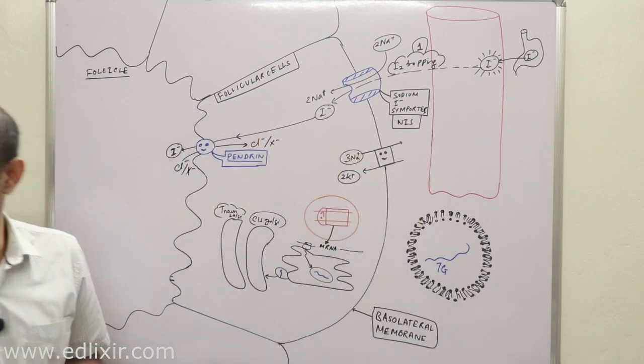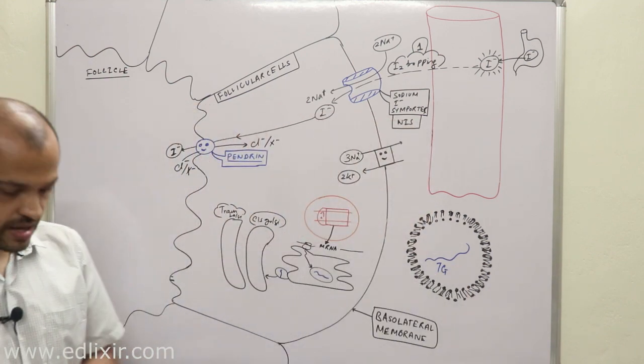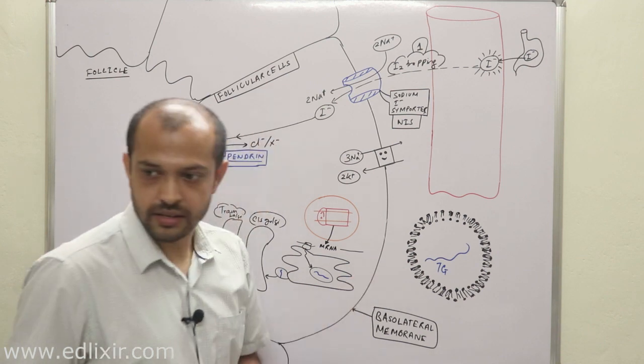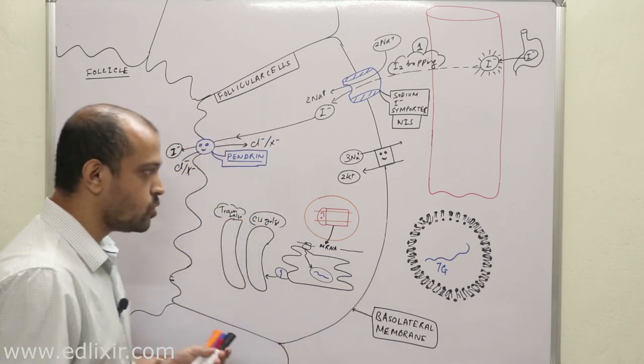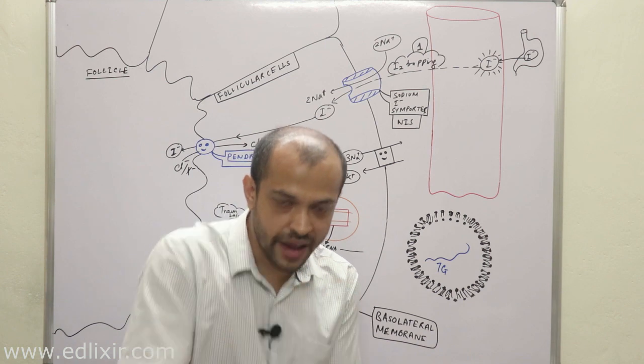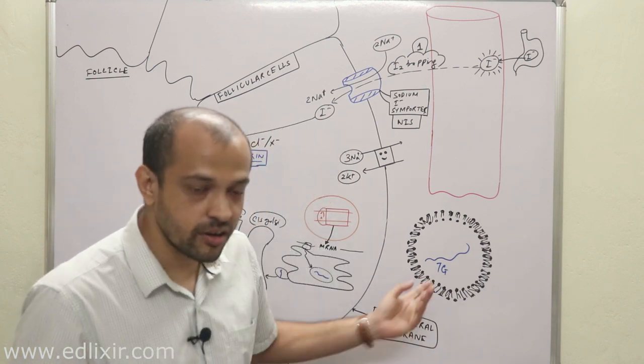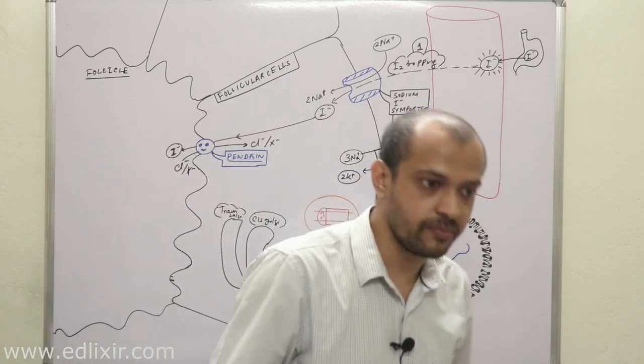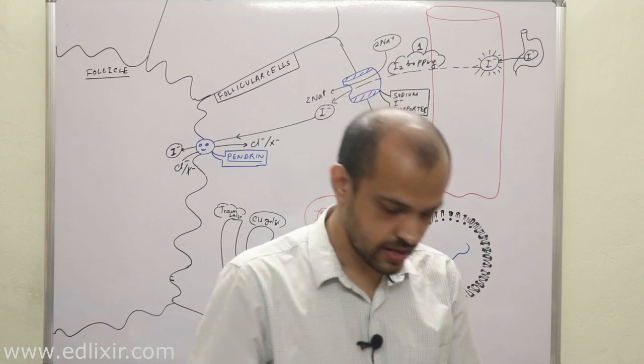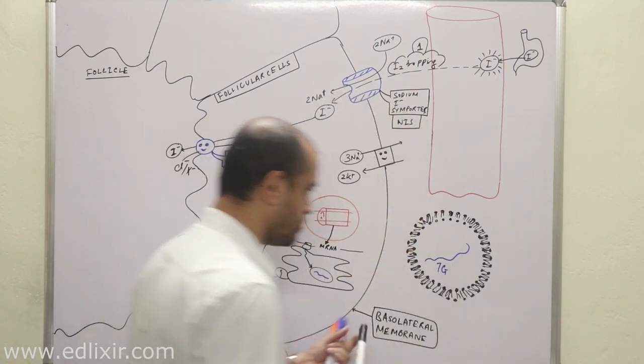Now a very important point you need to understand right now is this: there is a trick. Those vesicles in which thyroglobulins are packed not only contain thyroglobulin, they also contain another transmembrane protein. Now listen with all your attention, it's very important.